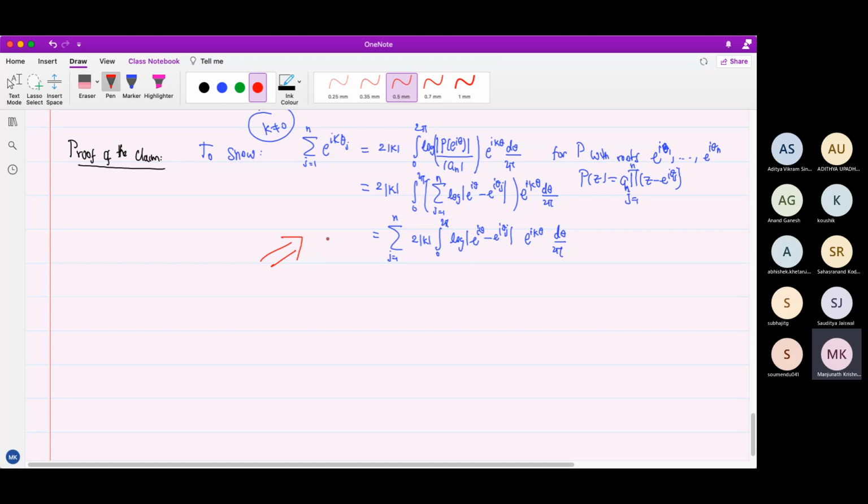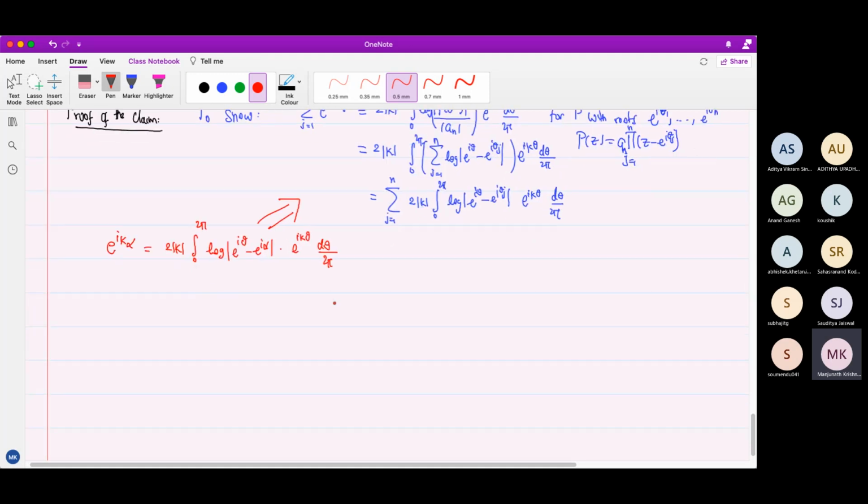So it is implied by showing that, let's call theta j as some alpha, e to the ik alpha is equal to 2 mod k, integral from 0 to 2 pi, log mod e to the i theta minus e to the i alpha, times e to the ik theta d theta over 2 pi. Okay, I just need to show this integral.